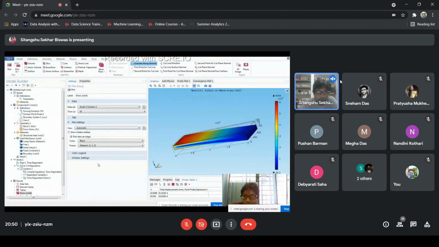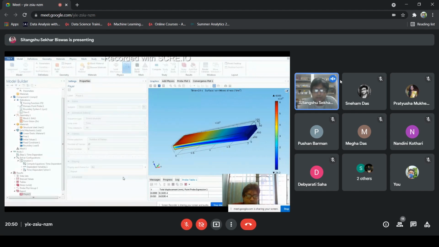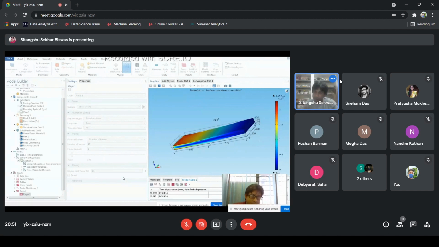You see now the solver is finished. We want to see how it will be vibrating with the help of animation. See, it will be vibrating, flapping like this.